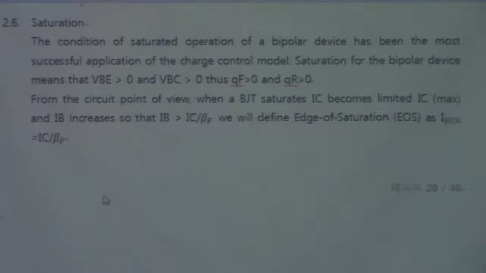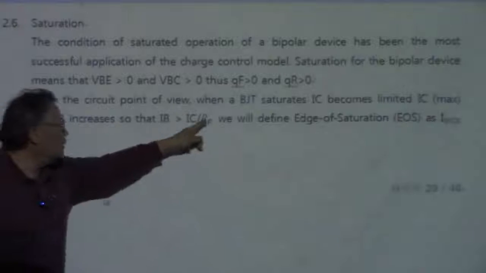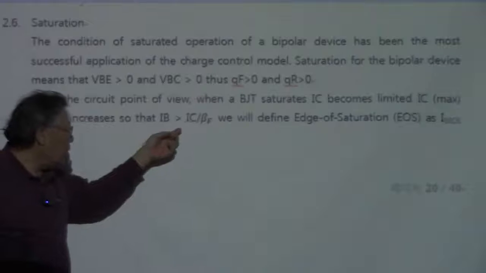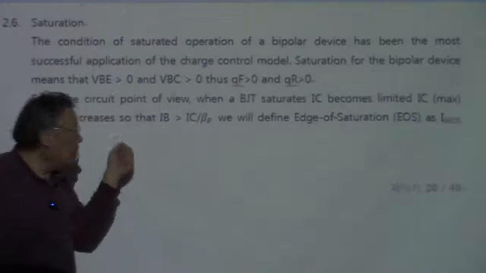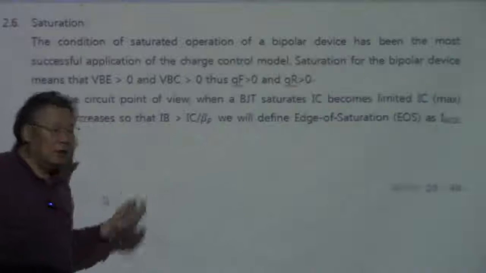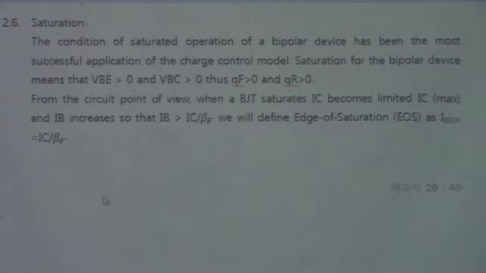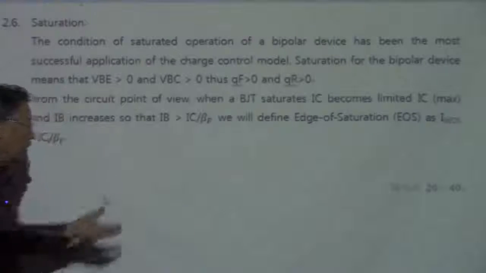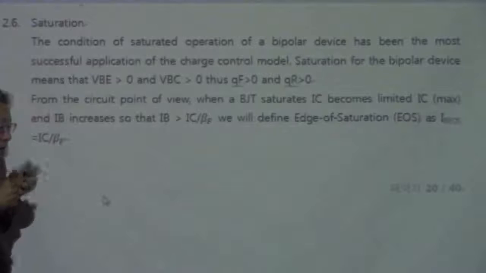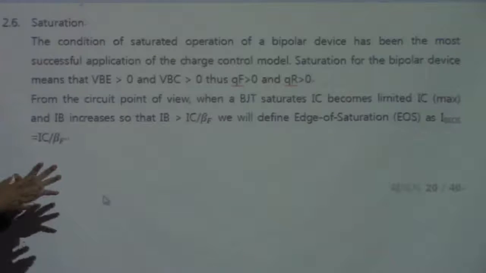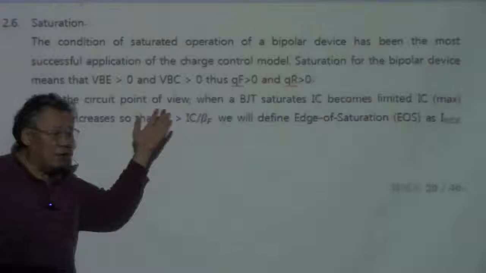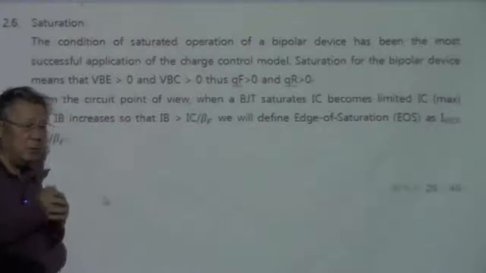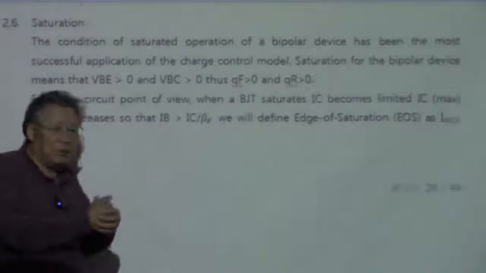Now, before saturation, this is the normal definition. If you multiply the base current by the gain of the system, then you have the collector current. In other words, the collector current divided by the base current is what we call the gain. The base current is the input, the collector current is the output, right?